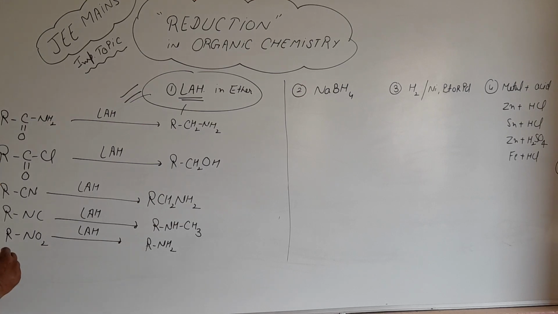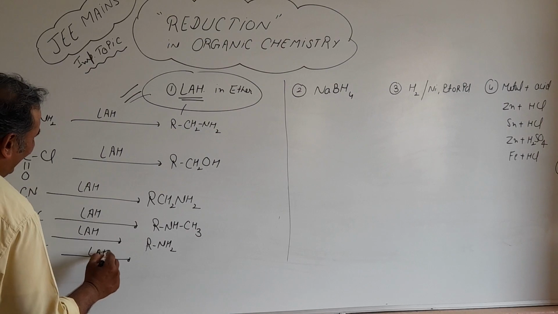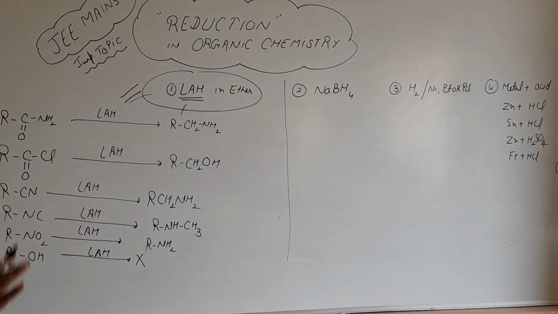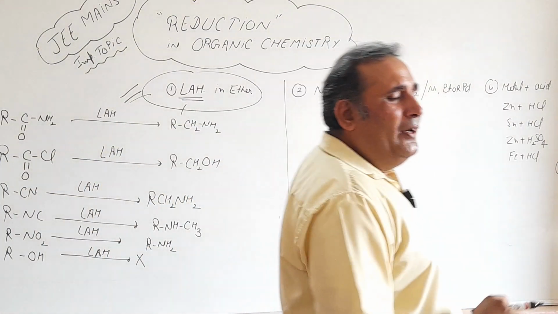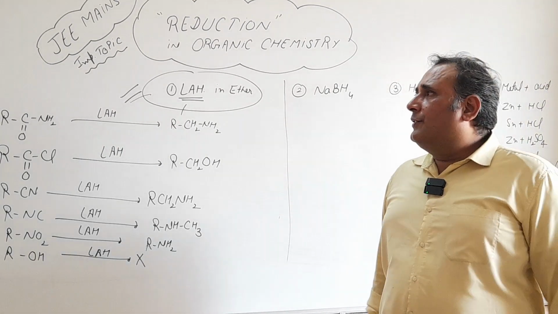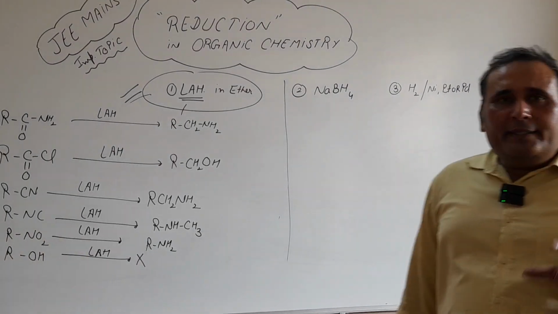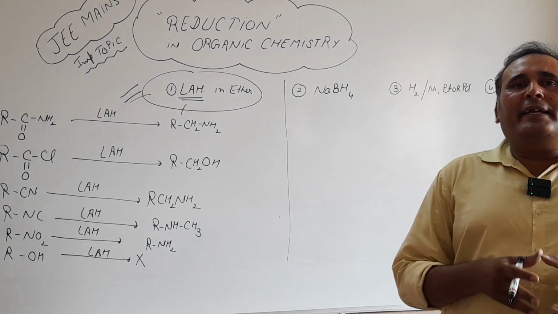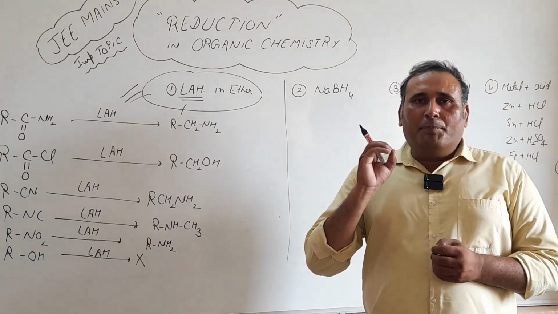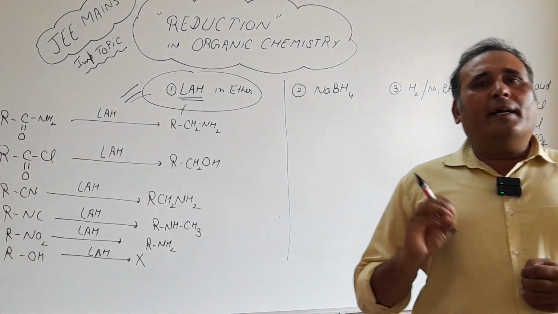But if we are using alcohol, LAH will not reduce the alcoholic functional group. So we can say lithium aluminum hydride, when taken in ether, is a very good hydride ion donor.